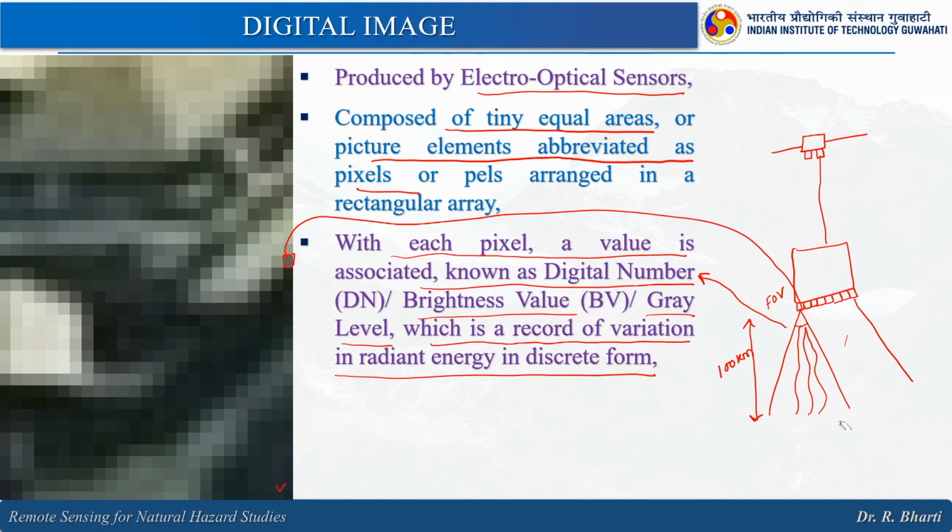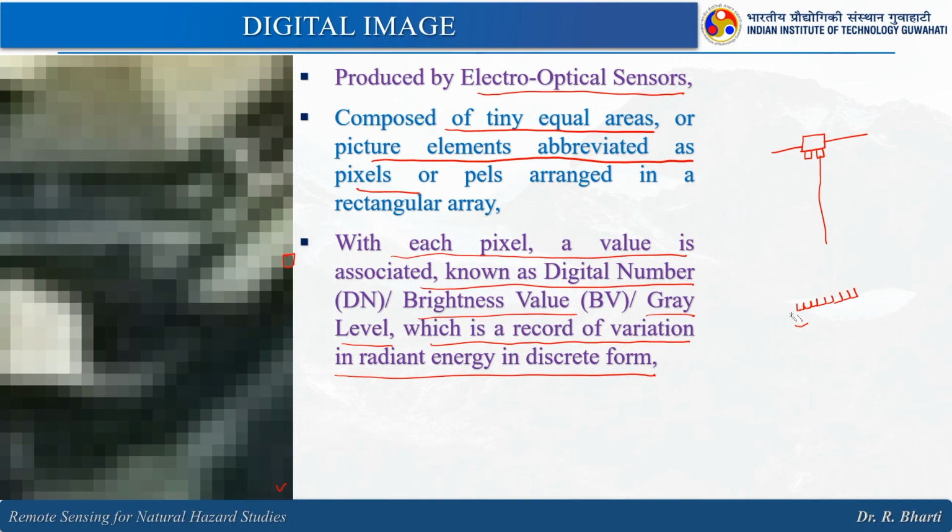So, the digital numbers are the associated values with the pixel which is generated by the detectors available in those sensors, right. So, once we have this image, because the output generally what we get is the image, right. The output of the sensors is the digital images.